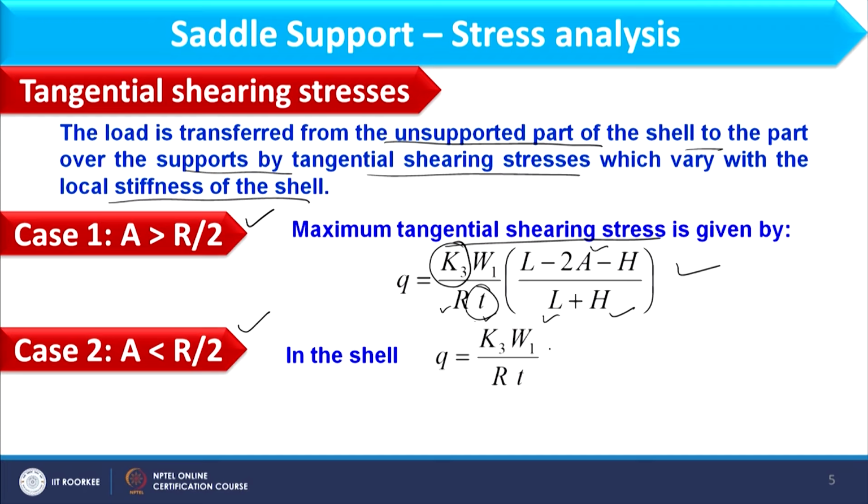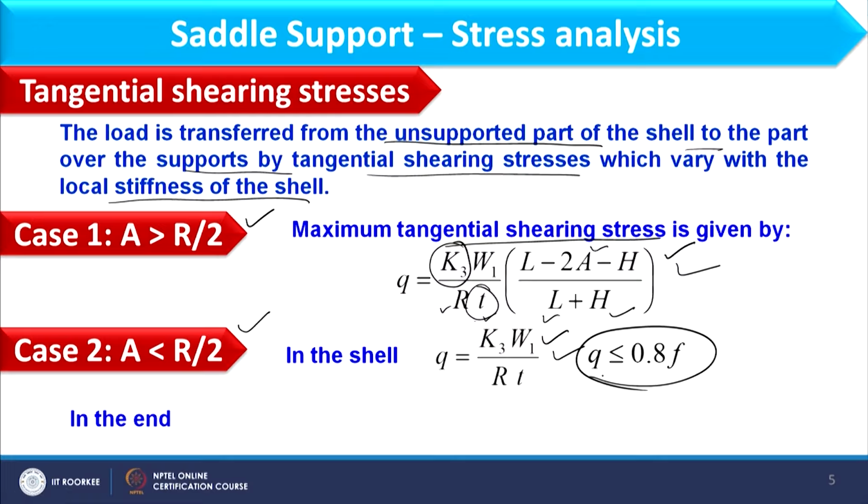In the shell we can calculate shearing stress as K3W1 by R2, as shown here, where Q should be less than or equal to 0.8 F. This condition will be applicable for this expression also, because in both cases we have Q. Now, in the end or in the head we have stress as QE, which is equal to K4W1 by RTE, where TE is the minimum thickness of the head and K4 is again a design constant that we will discuss later on.